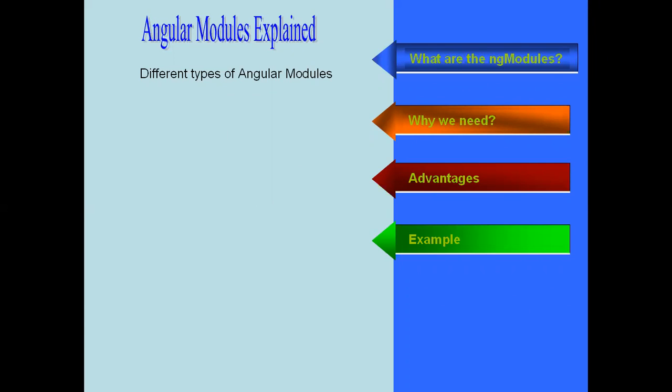Okay, no problem. As I discussed in the last few slides, those are the feature modules. Our Angular application may have feature modules. Feature modules mean the things related to a particular feature are in a feature module, which contains components, services, pipes, and other things.